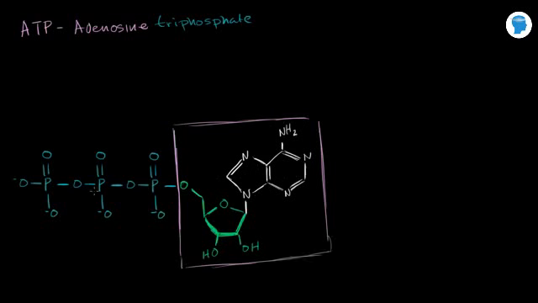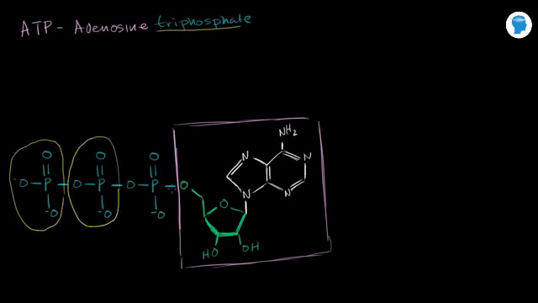And then you have three phosphoryl groups, and when they break off, they can turn into a phosphate. So the triphosphate part: you have one phosphoryl group, two phosphoryl groups, and three phosphoryl groups.